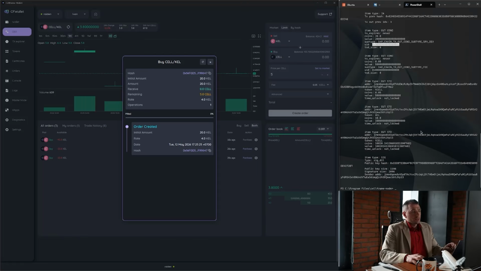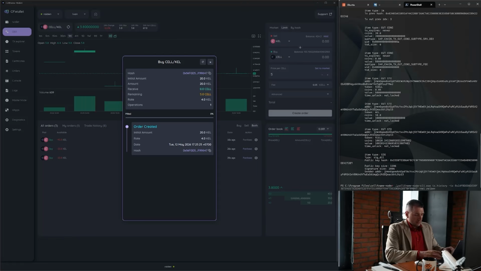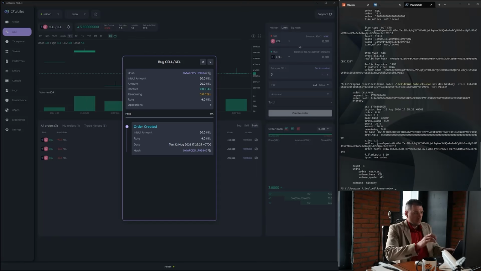And to unfold this condition, we should use another command, srv-dex history, using the same transaction hash. Yes, and we see just the same picture as in the UI. So this is Alice's order. She locked an amount of 20.0 Kel. In exchange, she wants cell at the price 4.0 Kel per cell.